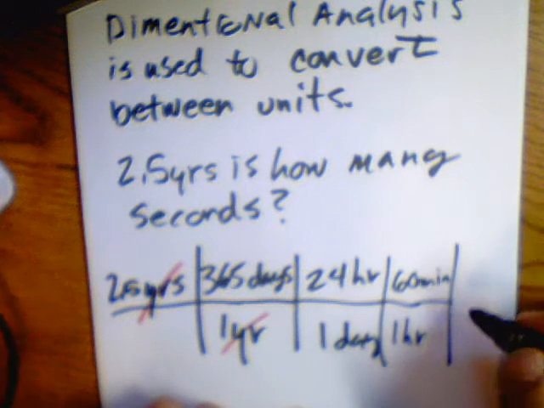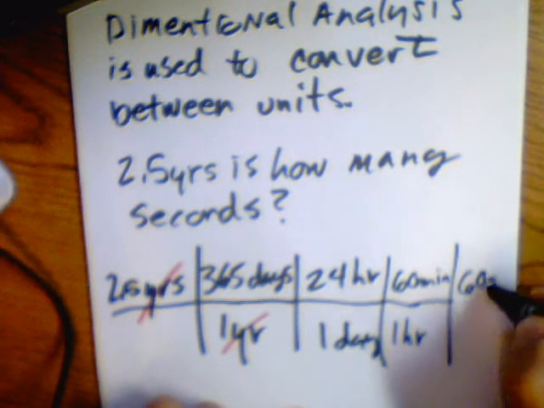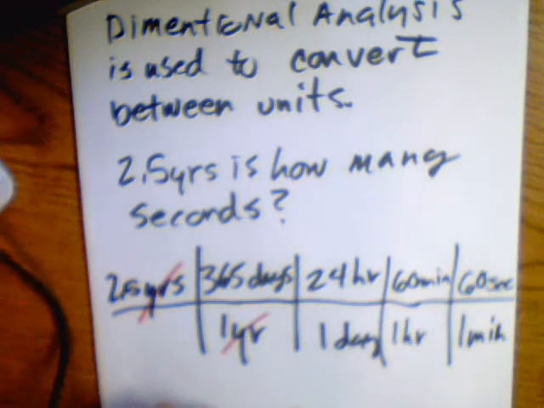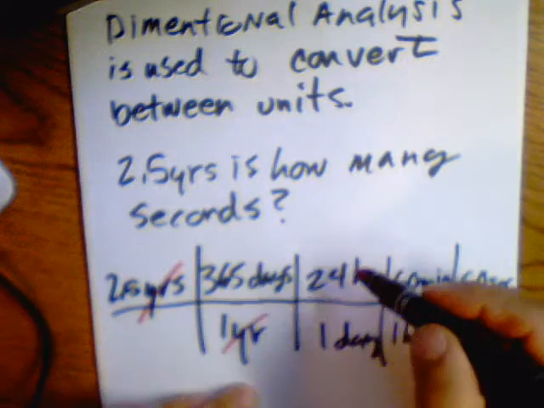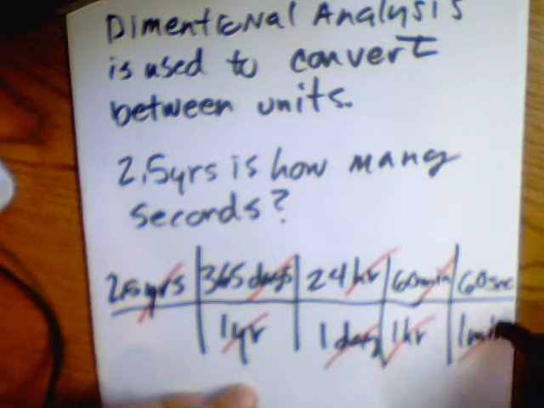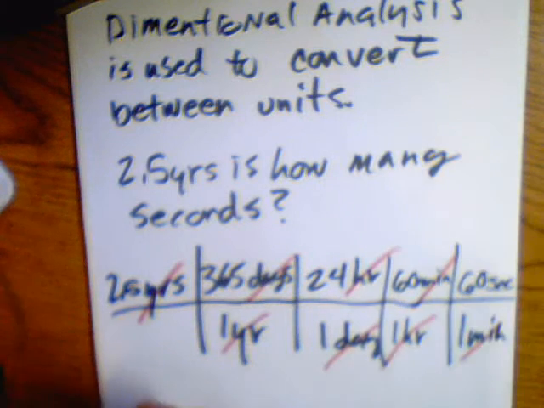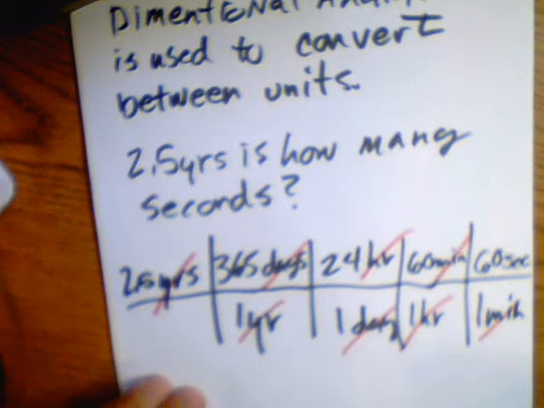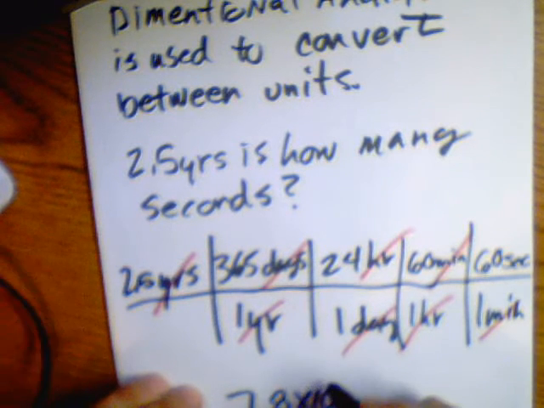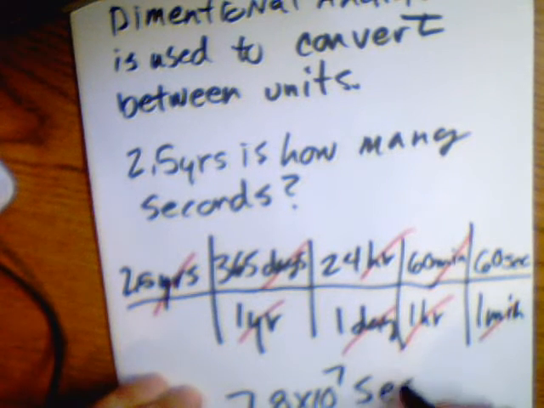And then finally, there's 60 seconds in 1 minute. So the days will cancel, hours will cancel, the minutes will cancel, and so we'll end up with seconds. 7.8 times 10 to the 7th seconds.